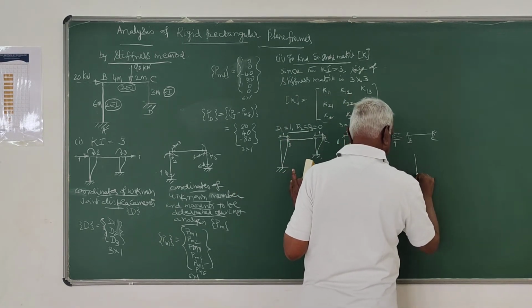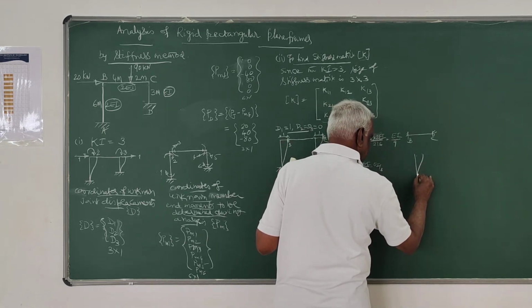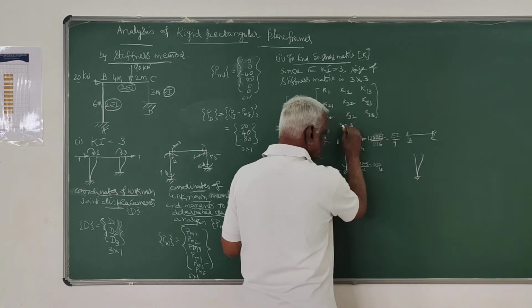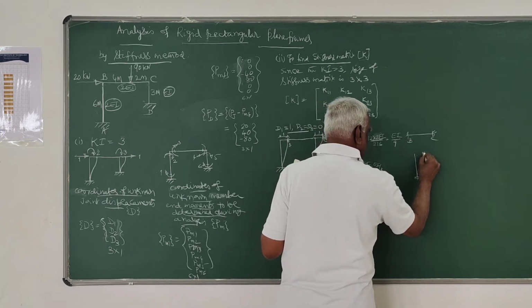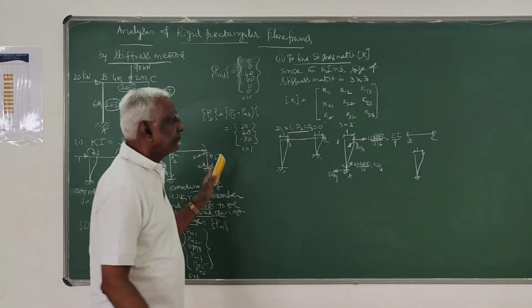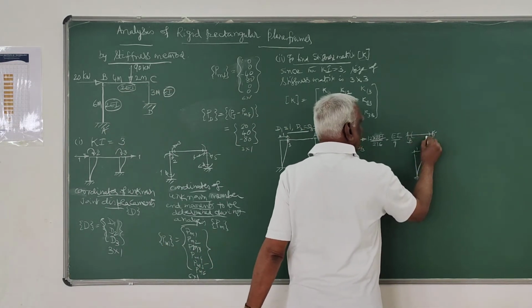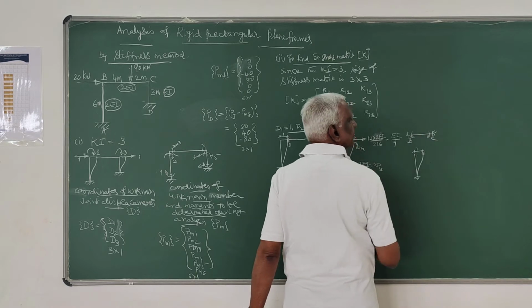Whereas CD has displaced like this. Similar to AB, this also has displaced by unity. So here, of course, all the moments are 0.